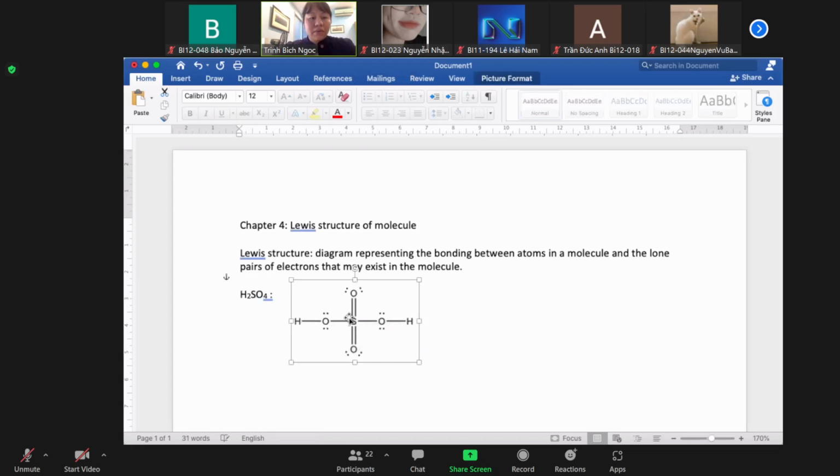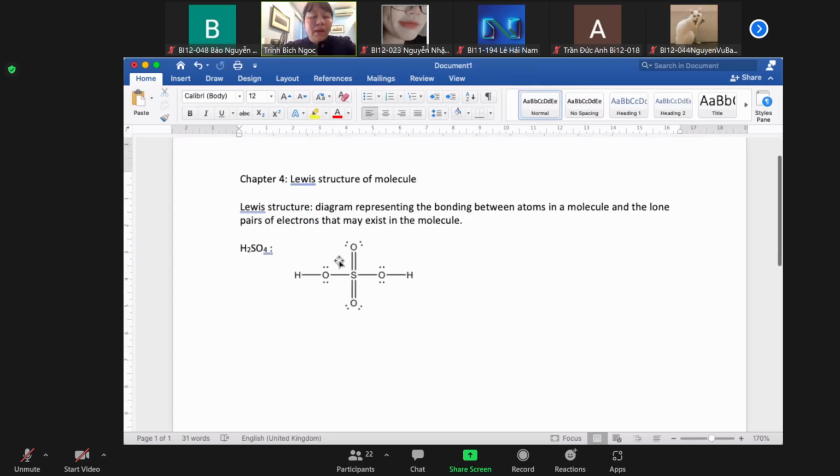This is the Lewis structure that represents the bonding, the type of bonding, a single bond or double bond, or in some cases triple bonds, and the non-bonding electrons. This is a good Lewis structure.